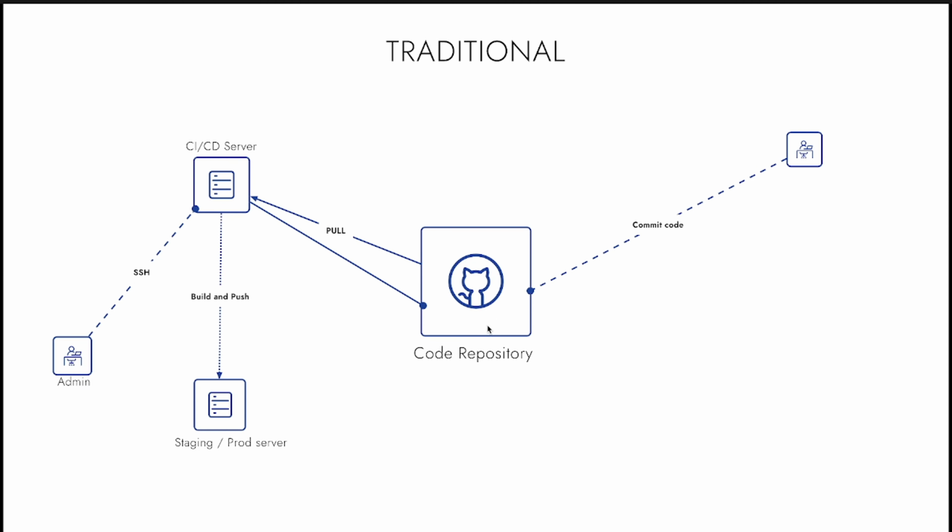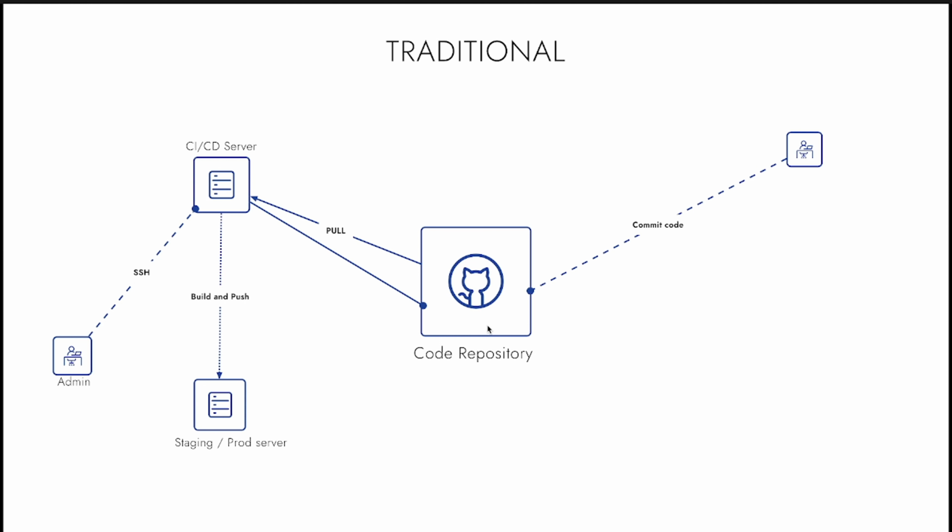So when a developer pushes code to your code repository, this notifies your CI/CD server, which pulls the code from the code repository, builds the necessary artifacts, and deploys that into a pre-production or production environment. You can also run necessary automated tests before building and pushing these artifacts to your production or pre-production environment.